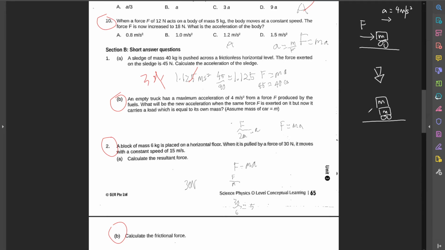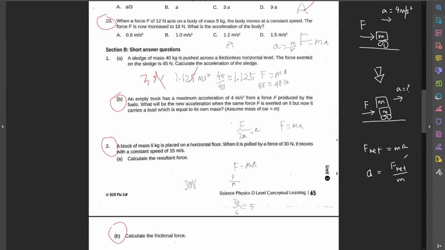Now, the force is still F. Then the acceleration is, don't know. Right? So I digest the question in this way. Is there anything wrong with my summary down there?